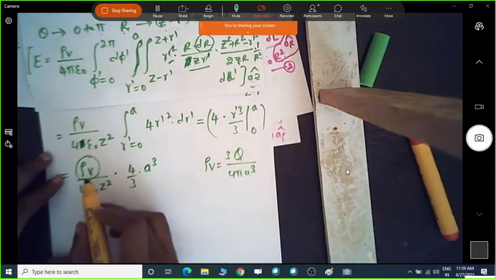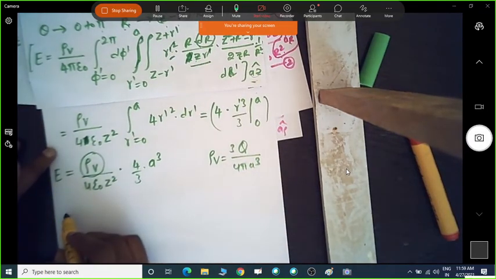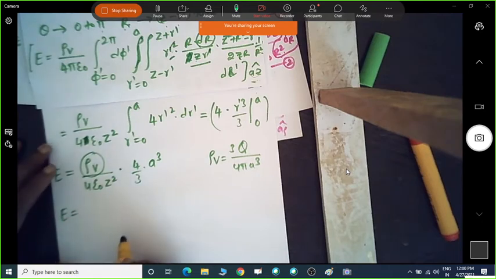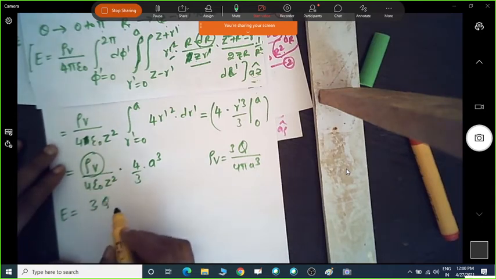Now if you substitute that, you will get the total field, that is E equal to 3 into Q divided by 4 pi a cube.